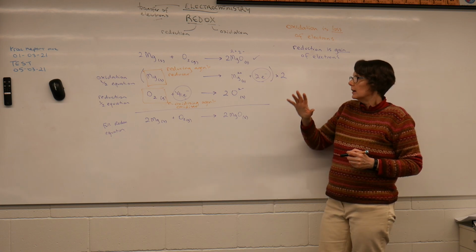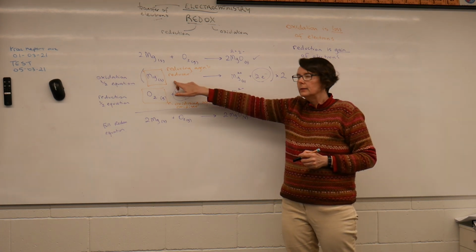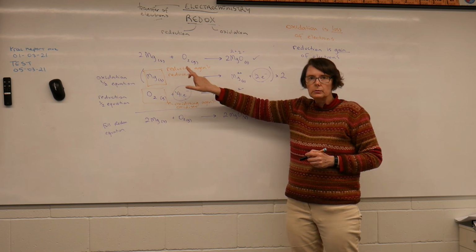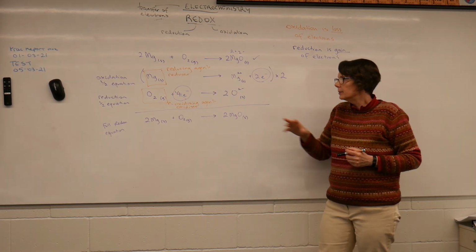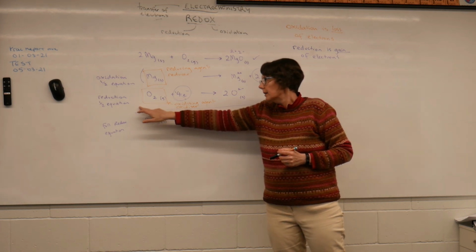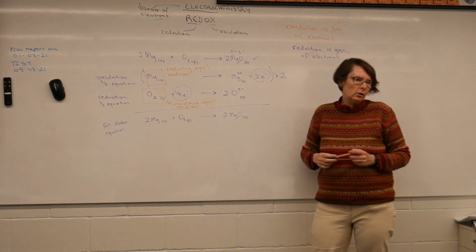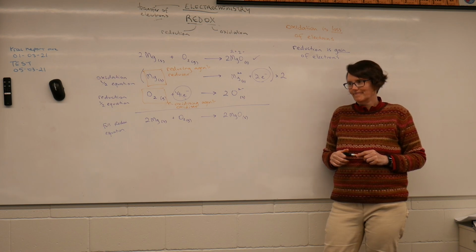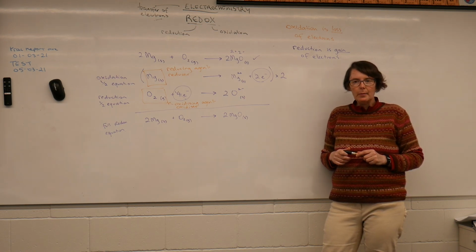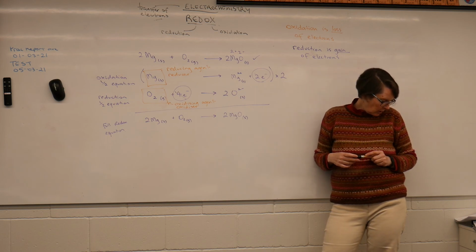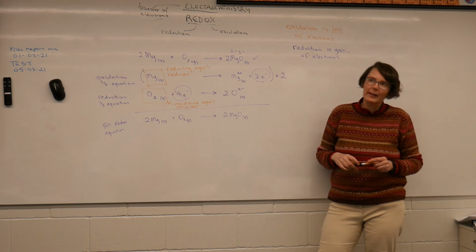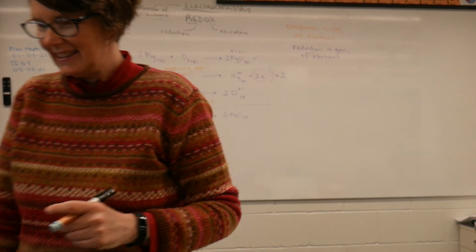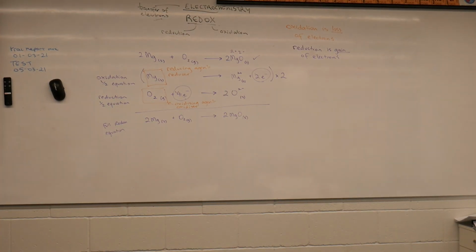So the reactant that is oxidized is the reducer, and the reactant that is reduced is the oxidizer. And at that point we will stop and you can have a look at questions on page 7. So the magnesium is being oxidized to reduce the oxygen. Yes.